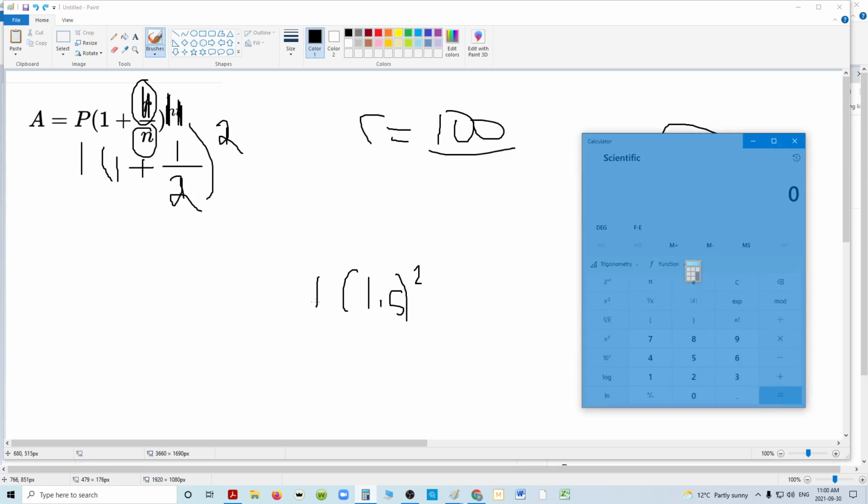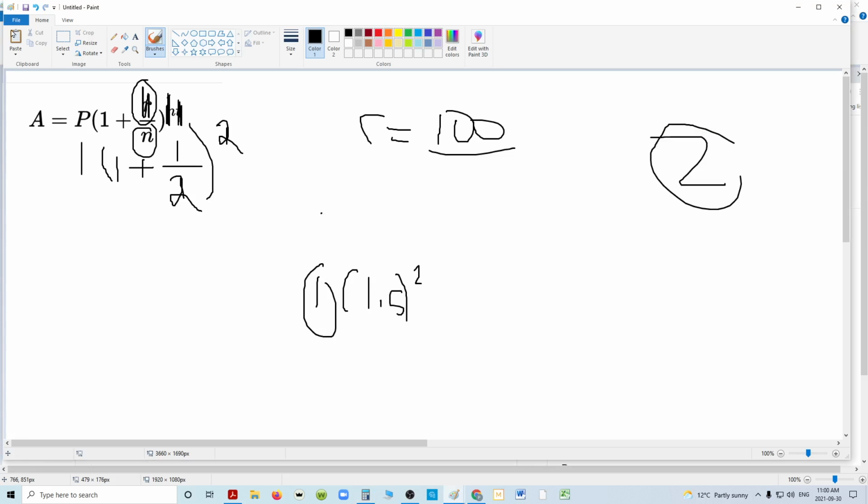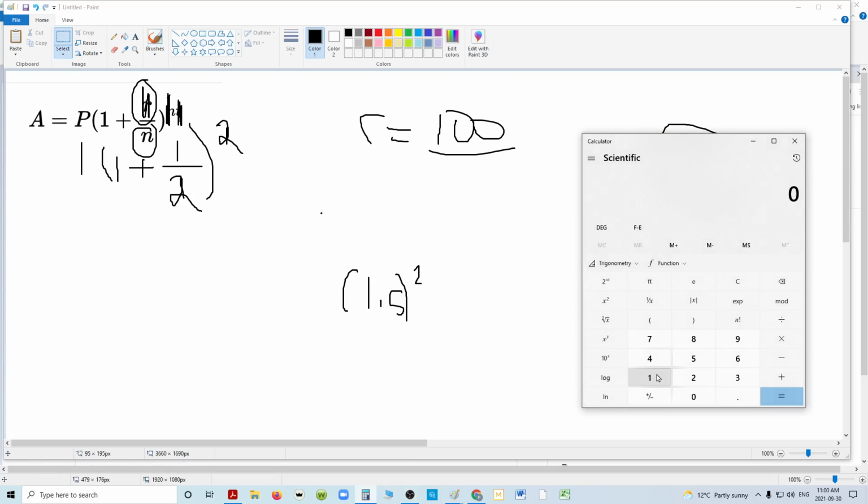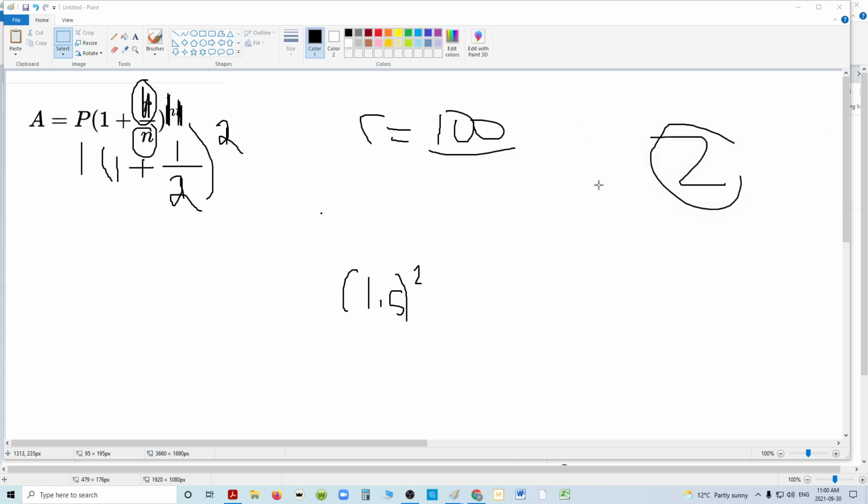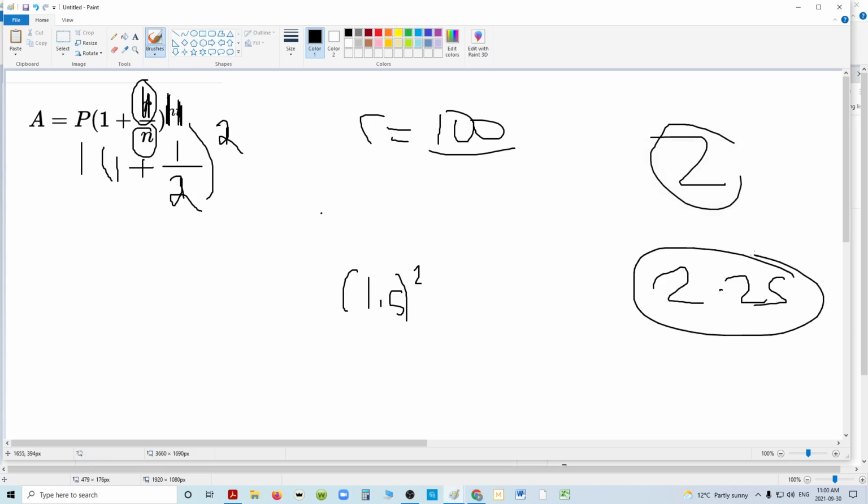By the way, we can also ignore this $1 in front and just focus on the fraction. But you'd be wrong. 1.5 squared is more than $2. It's $2.25. So that means, and remember this in investments, when you compound an investment many times in the year, it actually will yield better results.